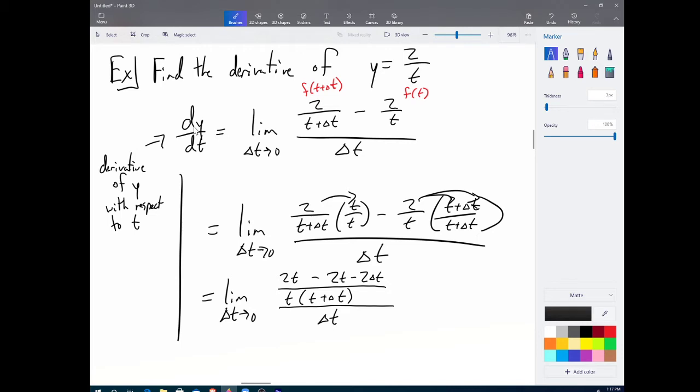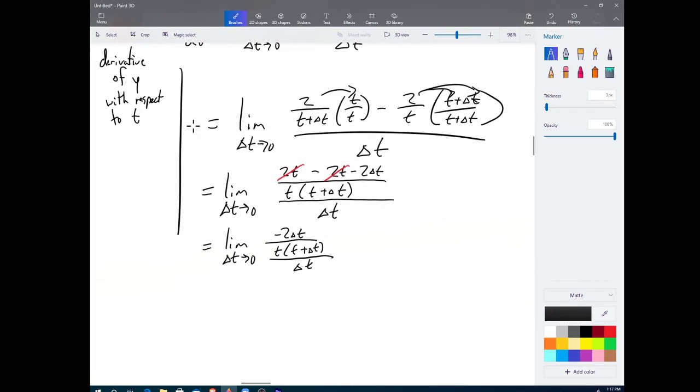Alright, so I look for things to simplify. I can see something right here that will cancel out. And I'm left with negative 2 delta t over t times t plus delta t, all over delta t. At this point, you've got to think about my little sister. Give her some legs.